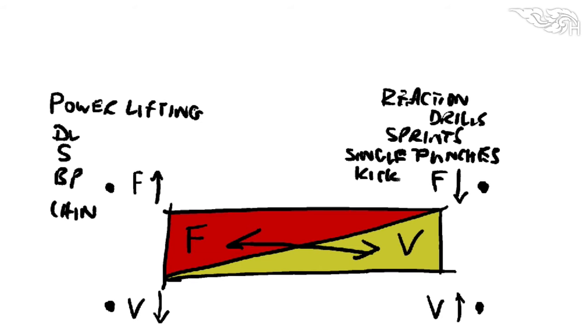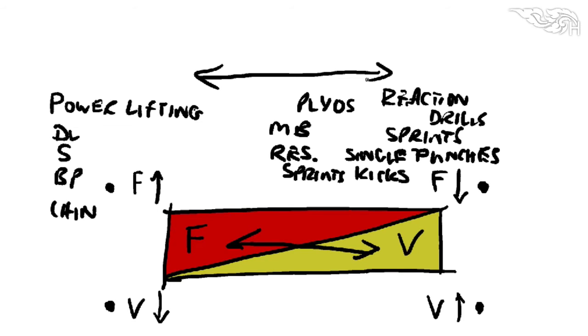All of those done at maximum velocity, high speed without fatigue. That's all speed training. A little bit further on the continuum, we've got things like plyometrics. We've got our med ball work. We've got resisted sprints. And then spanning the spectrum completely, we've also got our Olympic lifts.